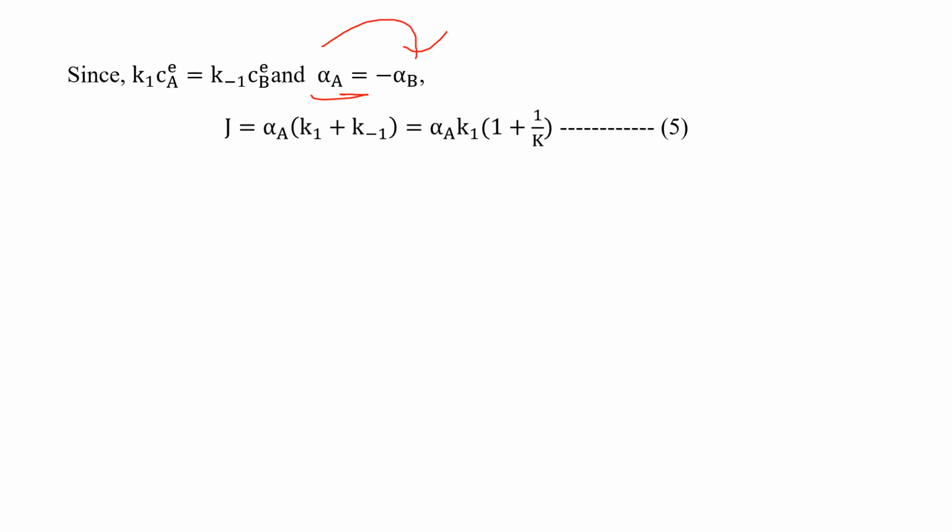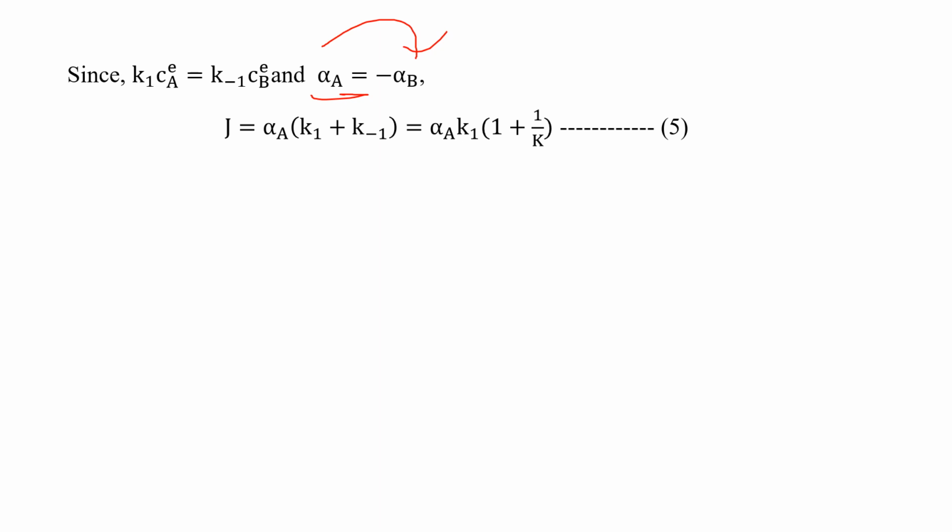Okay, so alpha A will be equal to minus alpha B. So we can substitute all these terms, and as soon as you substitute them, you will be getting equation 5.